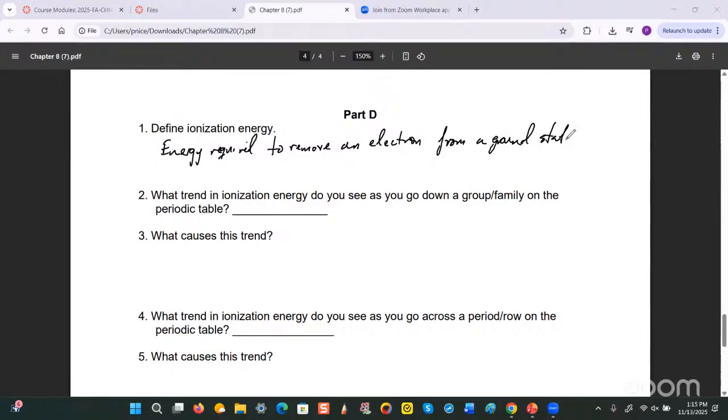And this is very important: gaseous atom. Okay, so that's the definition of ionization energy.